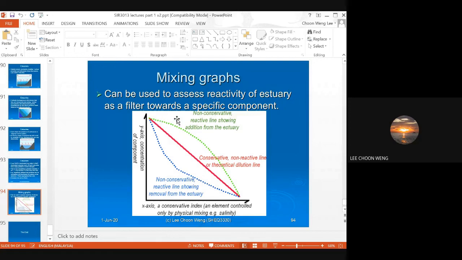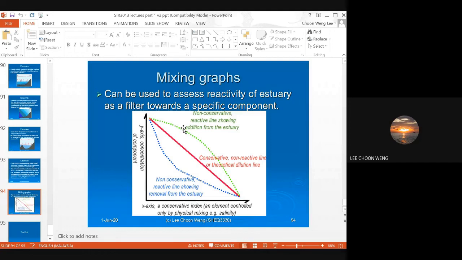But if you see a graph like this, that means the estuary is adding to your component. So this is the theoretical dilution line without any reaction. This is where there's a removal by the estuary, and here is where there is an addition by the estuary.